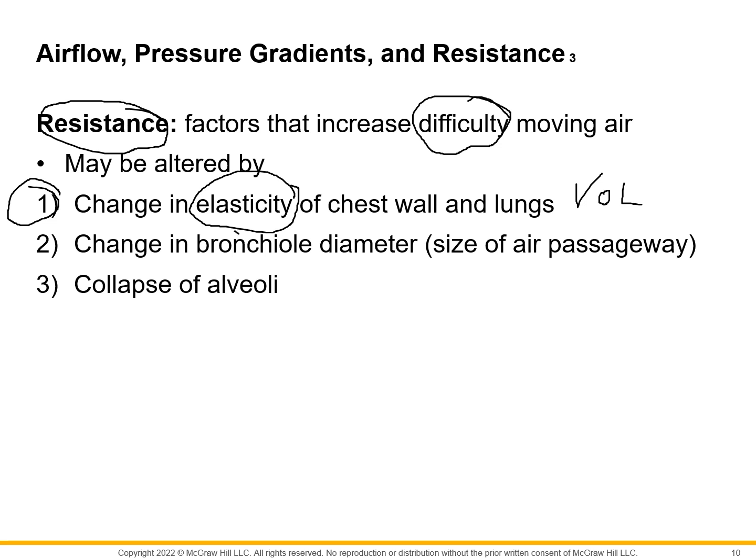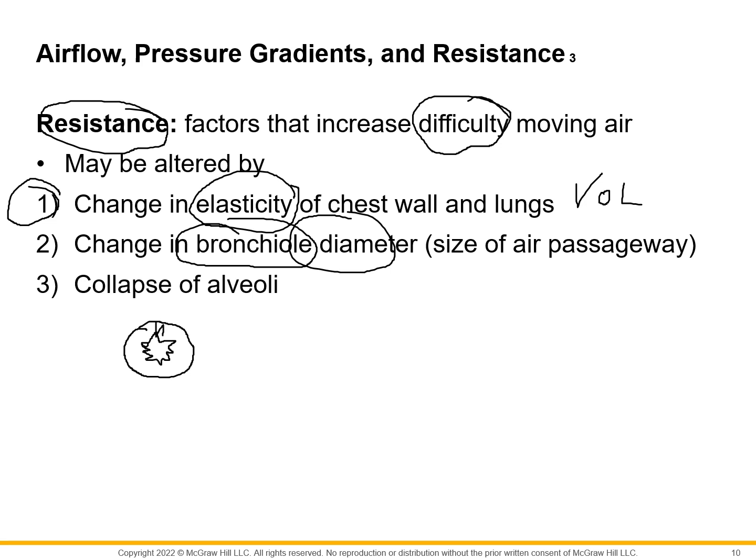Second variable is change in the bronchiole or bronchi diameter. We talked about this briefly when I showed you the cross-section of an airway in one of the previous lecture videos. So here is the lumen of your bronchiole, right? Something happens, you have a bunch of mucus that hardens, or you're reacting to some allergen in the atmosphere.